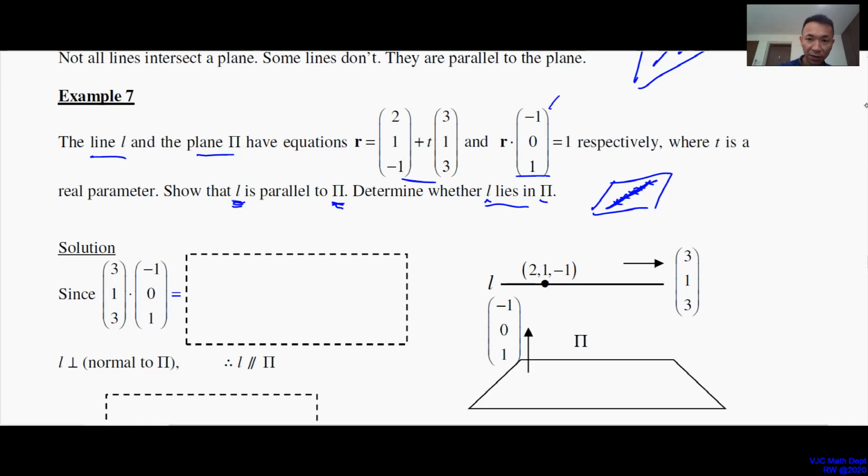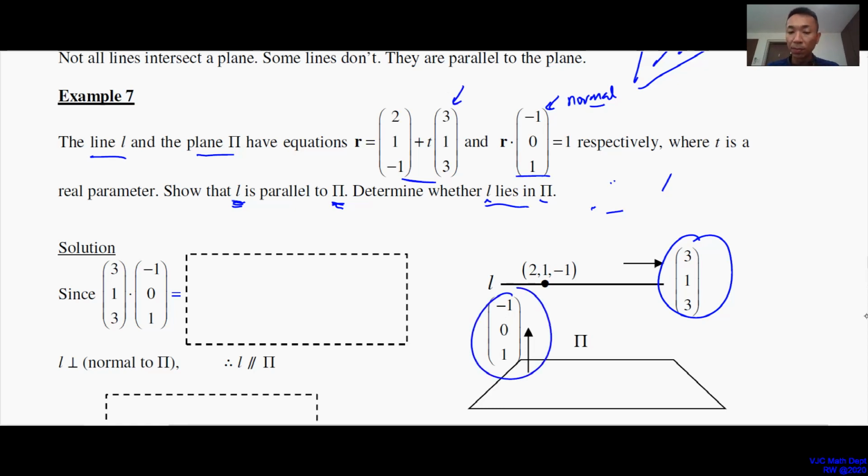This is the normal vector. Correct? This is a normal vector of the plane. Let's look at this diagram here. This is the direction vector of the line. This is the normal to the plane.